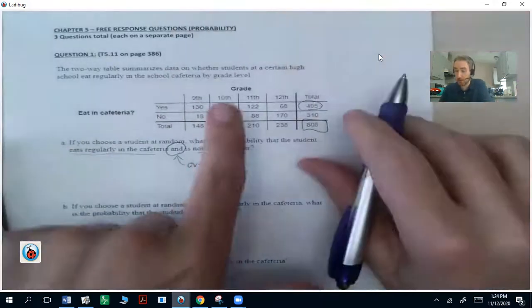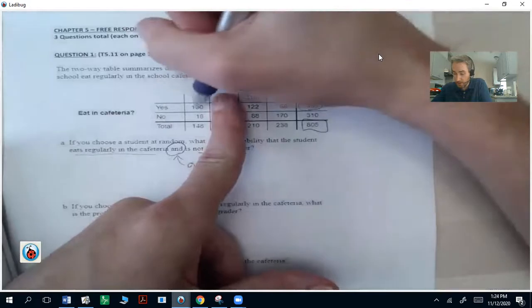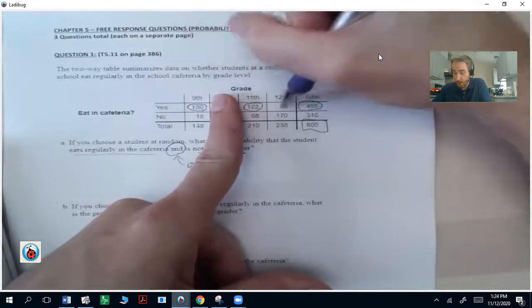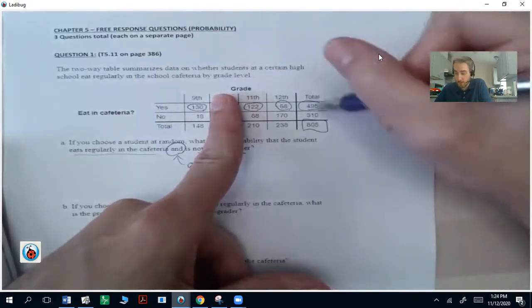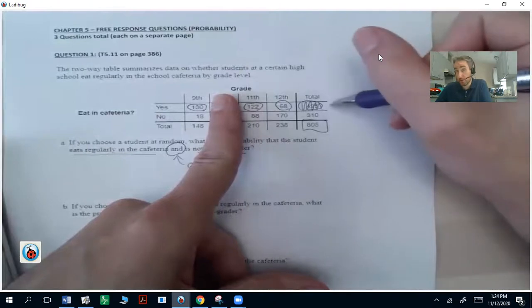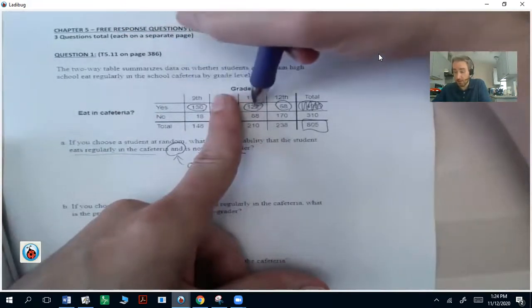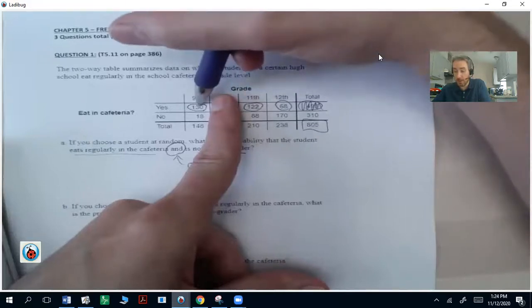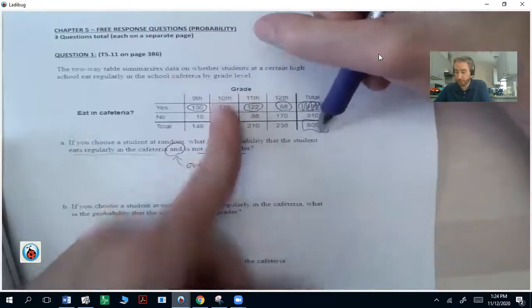So not a 10th grader, everybody but the 10th grader. It would be all three of those. So we're not using the total. We're just using the regular and not a 10th grader. So the 9th, 11th, and 12th out of 805.